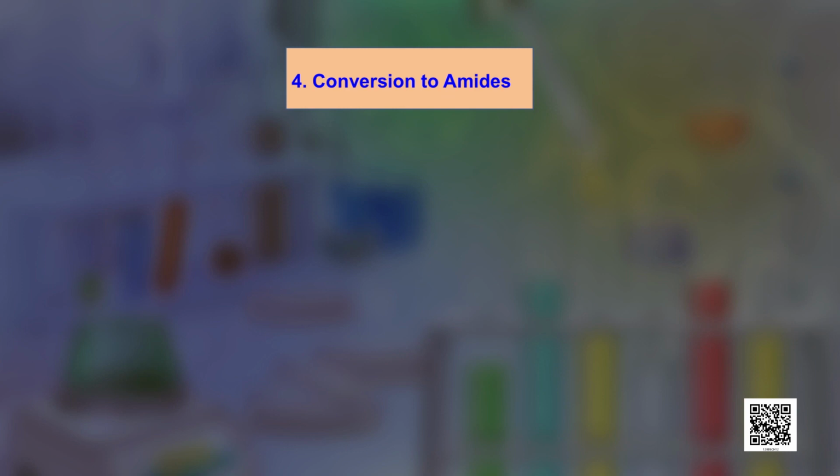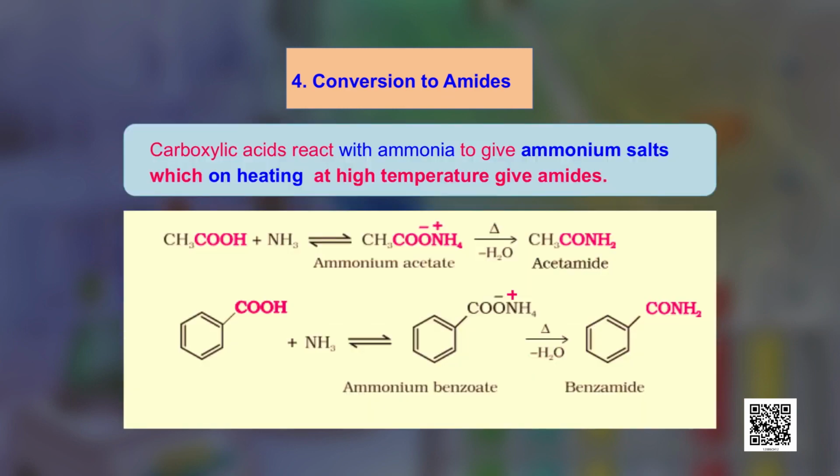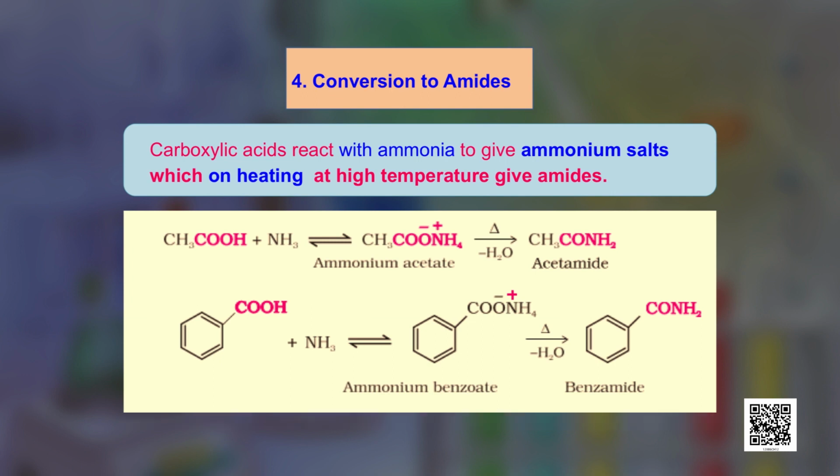The fourth reaction of this category is conversion to amides. Carboxylic acids react with ammonia to give ammonium salts first, which on heating at high temperature give the corresponding amide, and here you can see that in the reaction the ammonium salts are obtained first, which are ultimately giving us the amides.